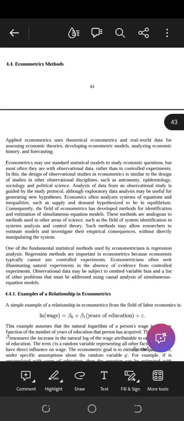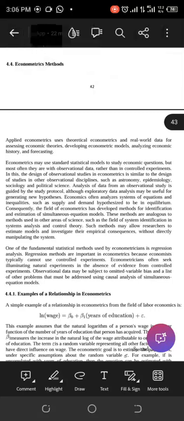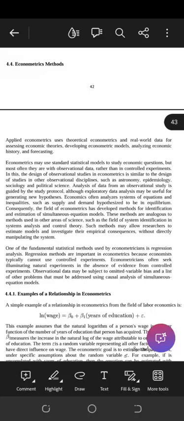Theoretical econometrics does the work of building econometric models that can then be used in real world analysis, whether in business, in governments, and whatever. So it helps to build up econometric methods and techniques that can be applied.